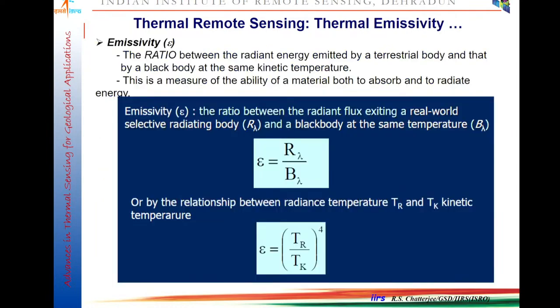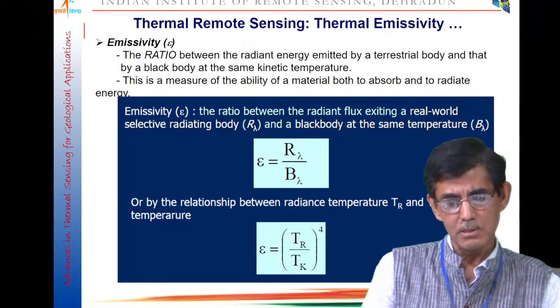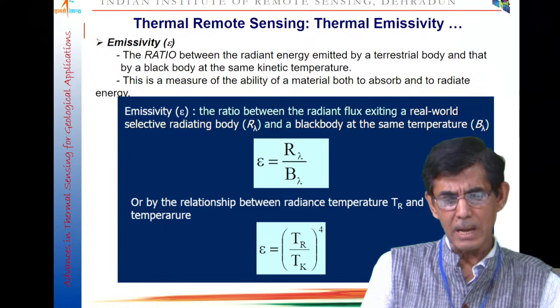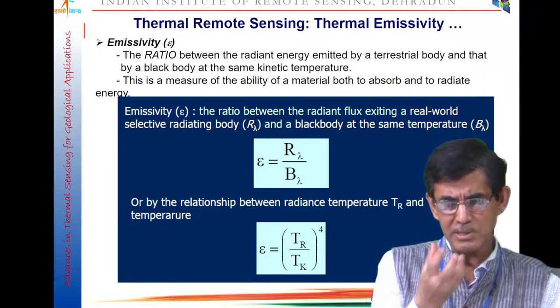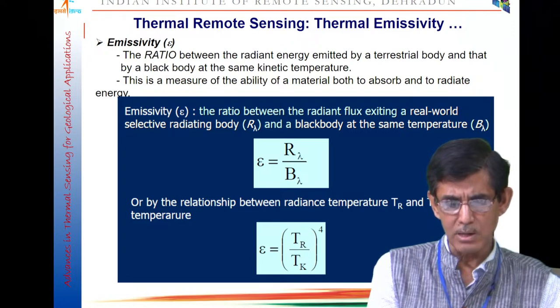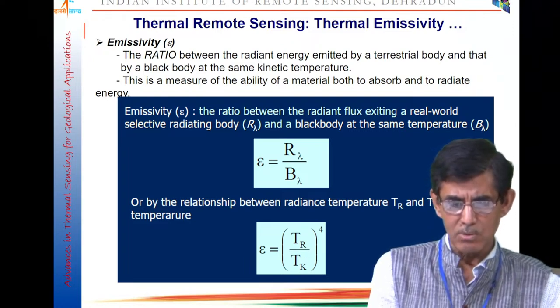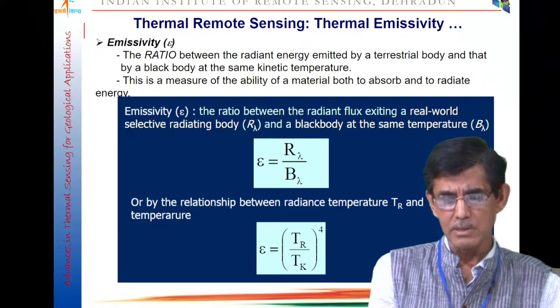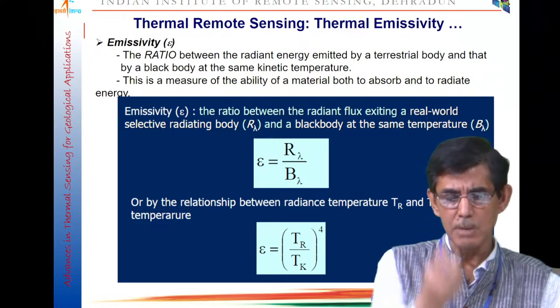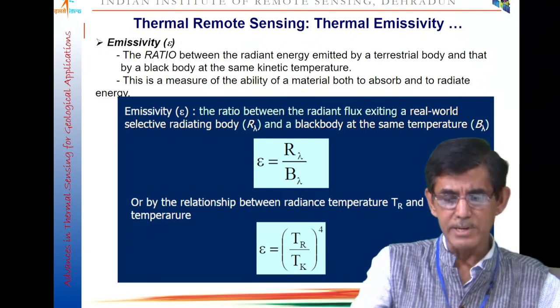Now coming to another thermal property, that is the emissivity. Emissivity, you see, in case of a black body, that is the ideal concept, no, black body. In case of a black body, whatever energy is available to your body, whatever is incident on the body, the entire energy is absorbed, and after that what happens? The entire energy which is absorbed is emitted or radiated.